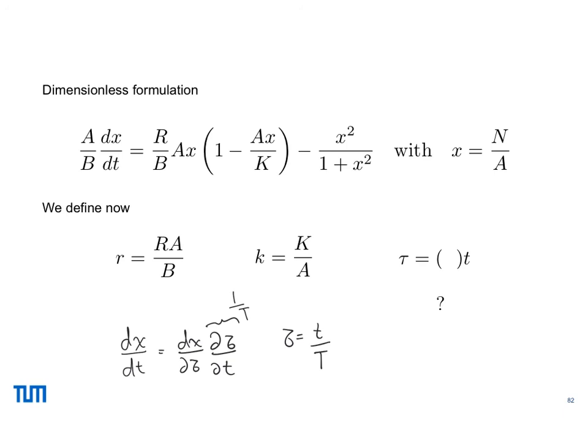So ab dx dt is equal to ab 1 over t dx d tau. Okay, and naturally we would like to have this term here being equal to 1, so this being equal to 1. Therefore, we will just say t is equal to b over a.